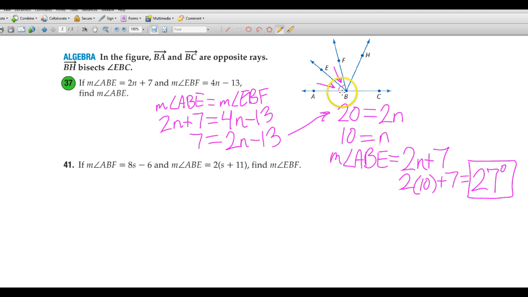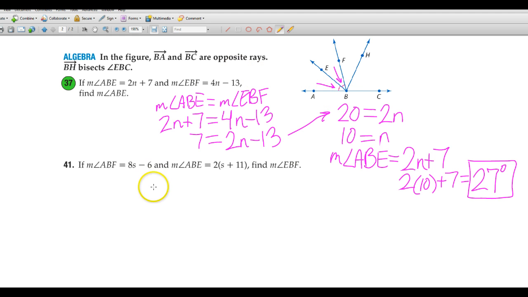So basically, ABE, whatever this measure is, this measure will be as well. So if I want the entire angle, I could take this angle and multiply it by 2 to get the entire measure. So let's say that this angle is 40 degrees. So then this entire angle would be 2 times 40 or 80 degrees, something like that.